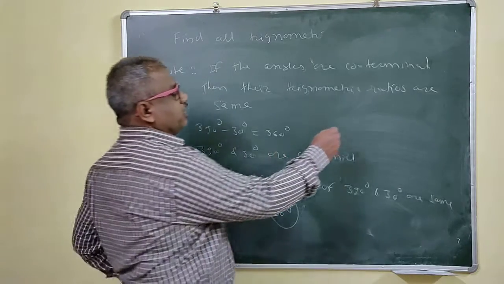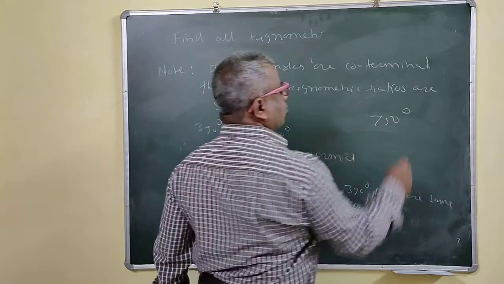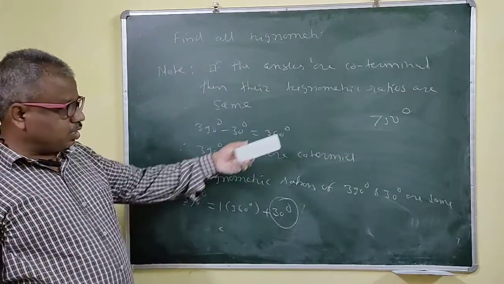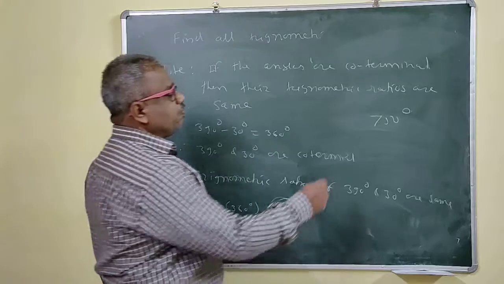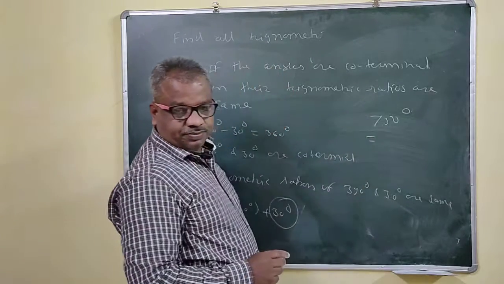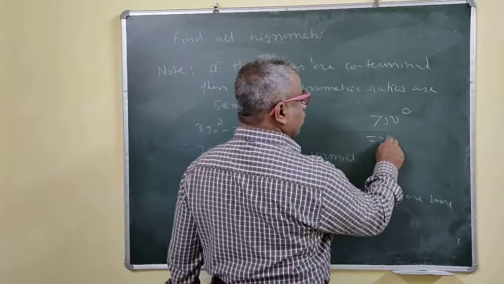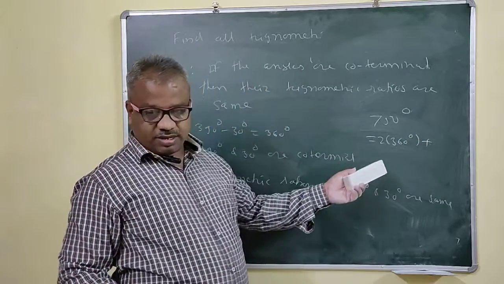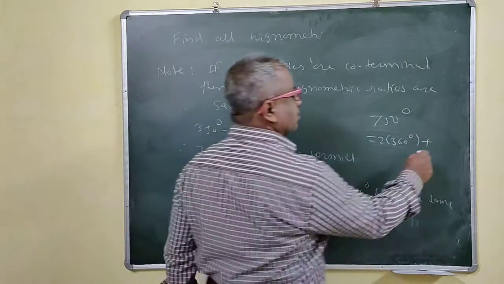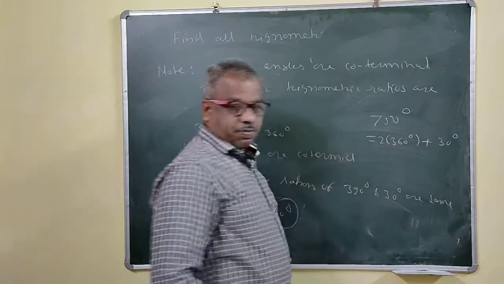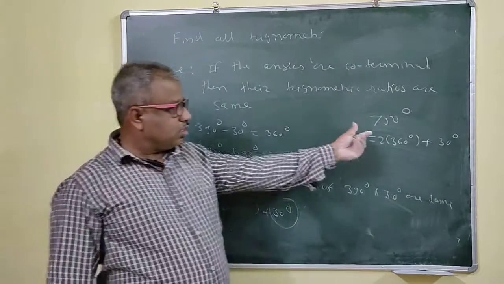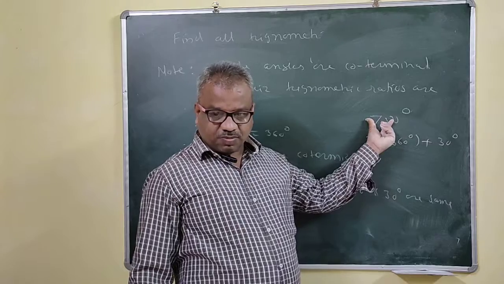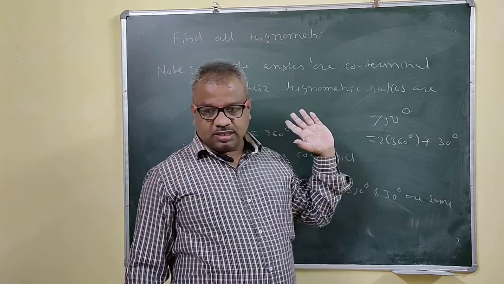If you have the angle 750 degree, suppose, no need to find the trigonometric ratio of this directly. 750 degree is the same as 2 into 360 degree, which is 720, plus 30 degree. That means the trigonometric ratios of 750 degree and 30 degree are the same.